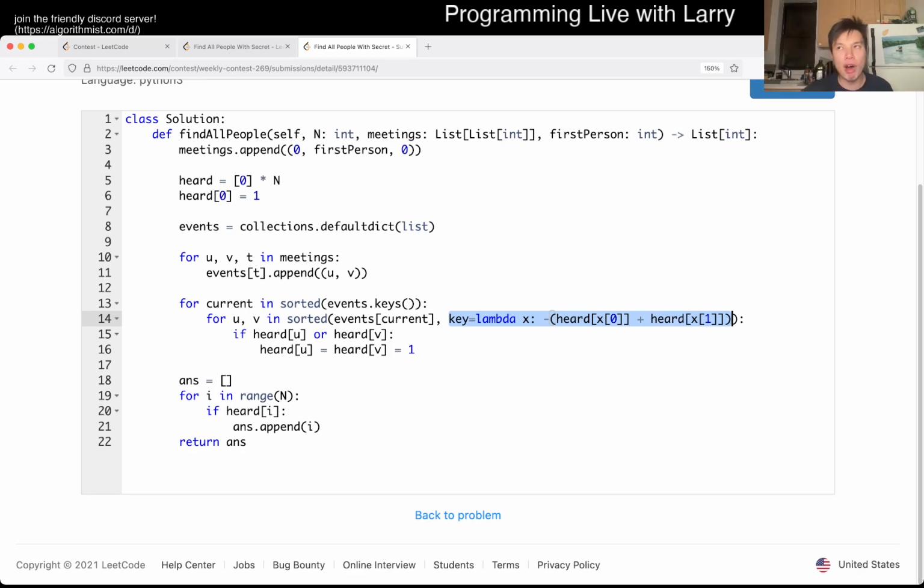But this is apparently wrong, because the problem with this is that it's static, right? We start at the beginning of this. So if one person has heard it, they may spread it to a pair.